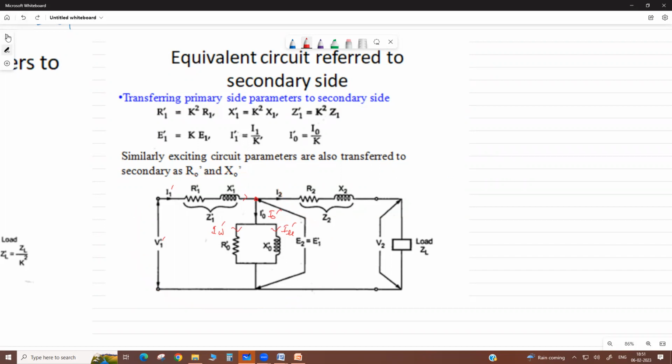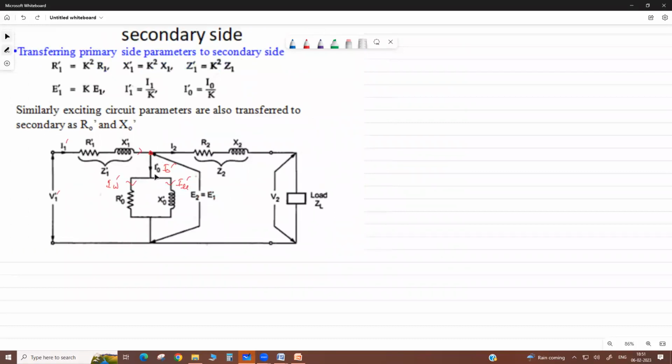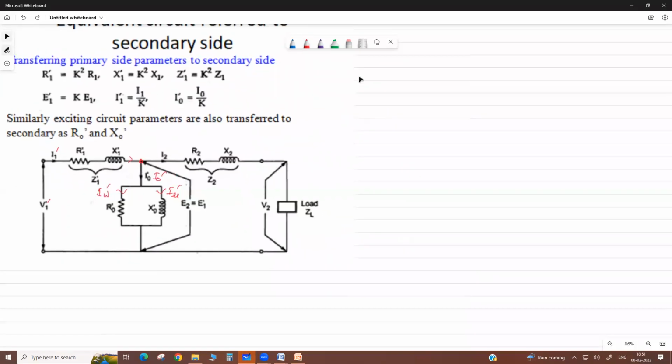Now again, if this magnetizing branch we shift here, your approximate equivalent circuit will have the total resistance, total reactance, and this magnetizing branch shifted to the supply terminal.